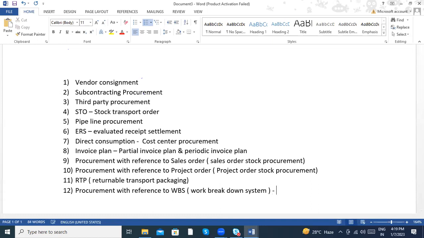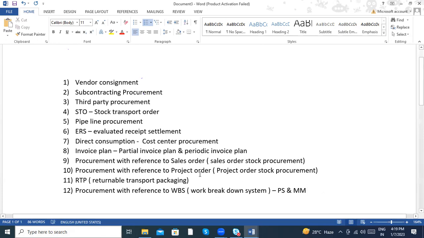So this is the project order, PS and MM integration. Maintenance order and production order also come under this one.